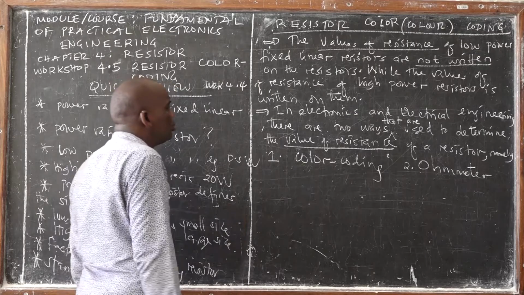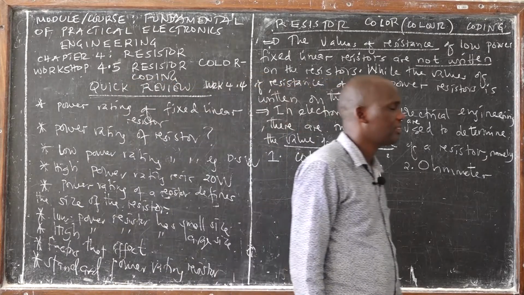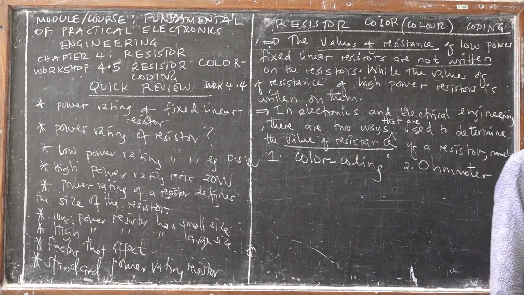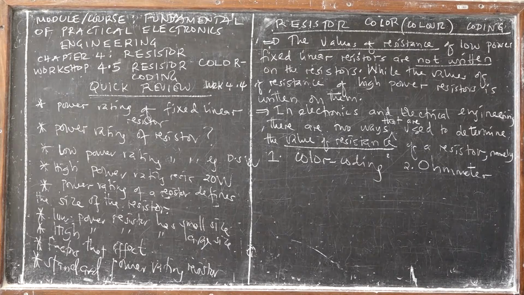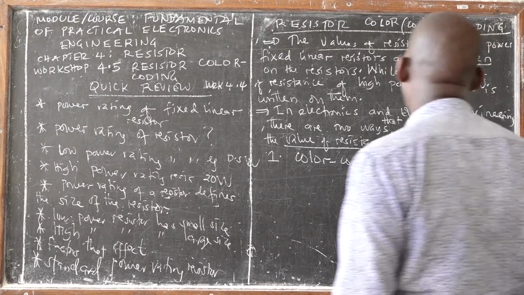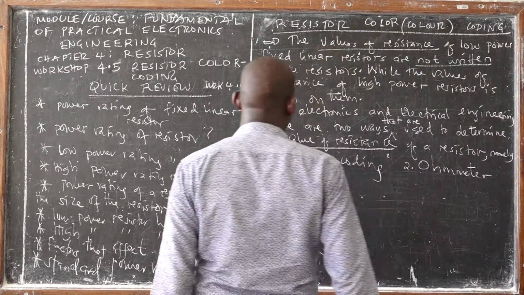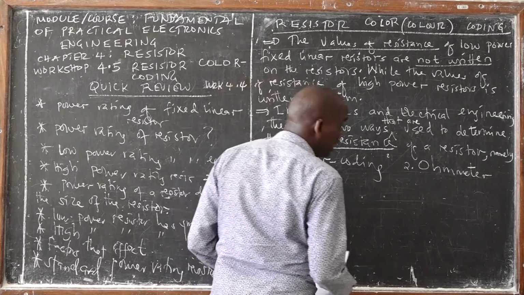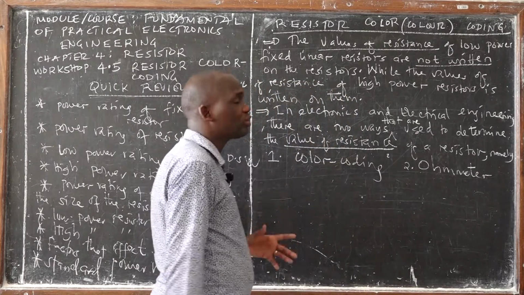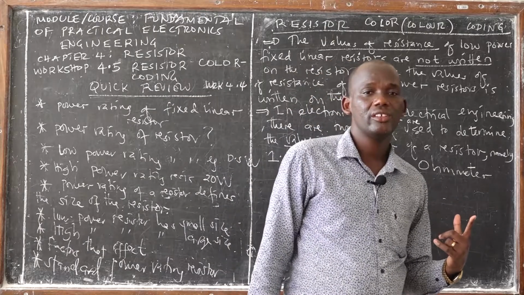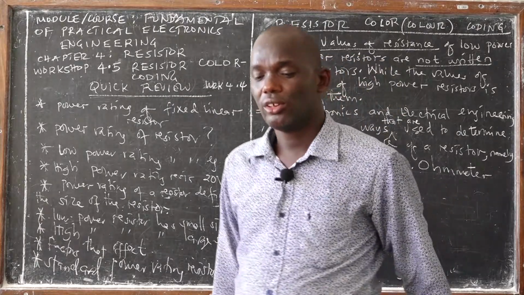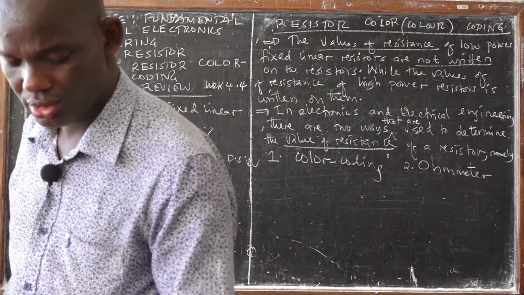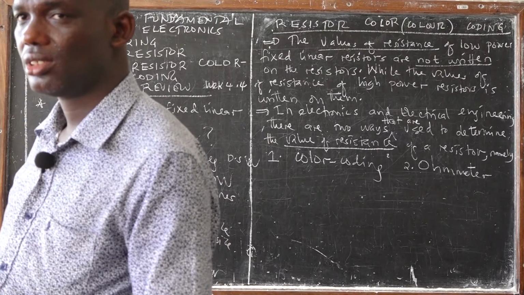So these are the two ways that we can determine the value of low power fixed linear resistors. The first one by using what? Color coding. The second one by using what? A measuring instrument. So these are the methods which are used to determine what? Resistance of low power resistors. Are we together?